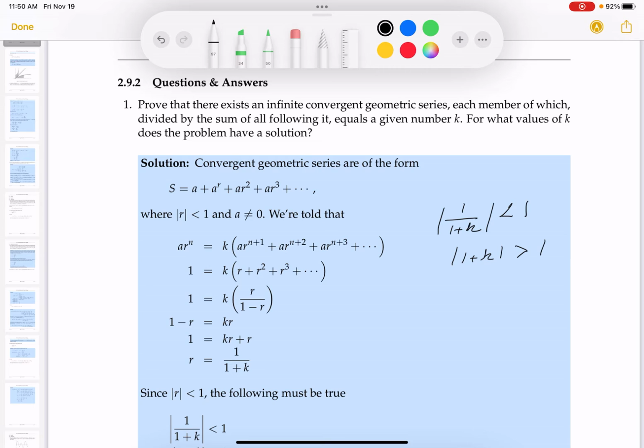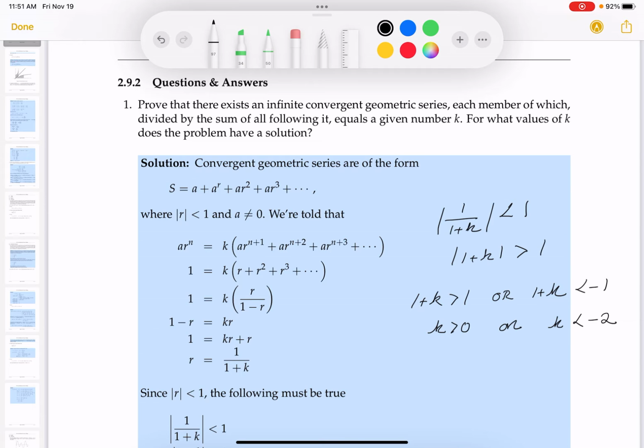And what does this mean? It's an absolute value inequality. So 1 plus K greater than 1, or 1 plus K would have to be less than minus 1. K greater than 0, or K is less than minus 2.